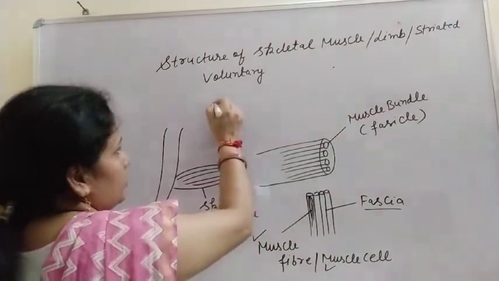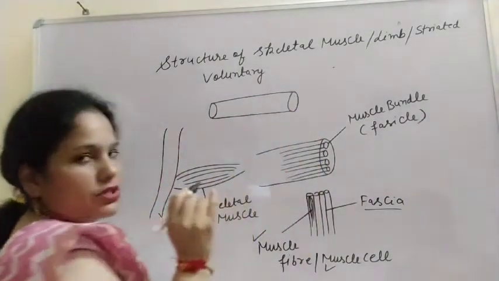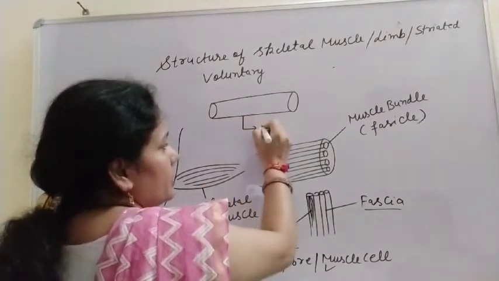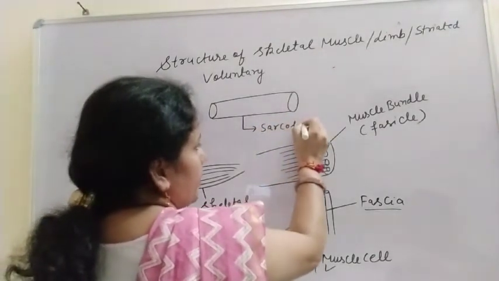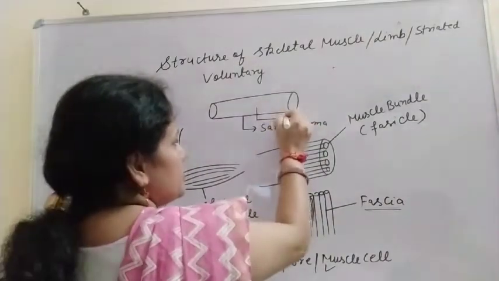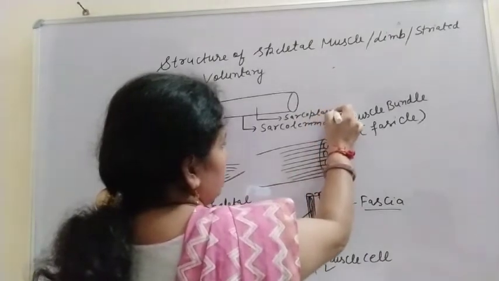Suppose I have taken one skeletal muscle cell. The plasma membrane of this muscle cell is the sarcolemma, and the cytoplasm of this muscle cell is the sarcoplasm.